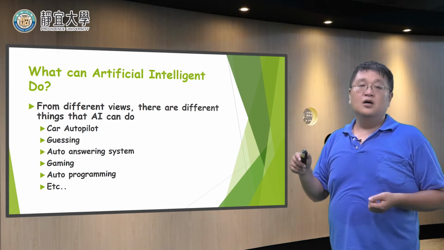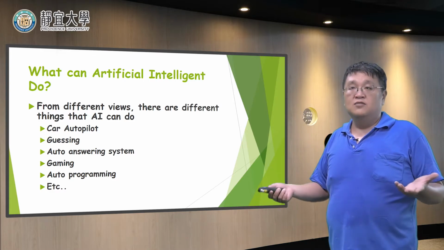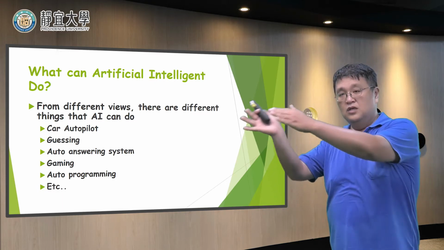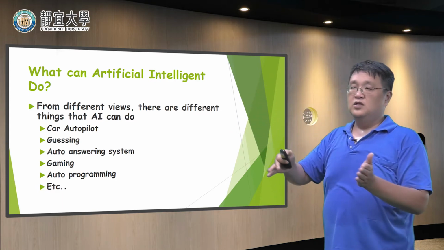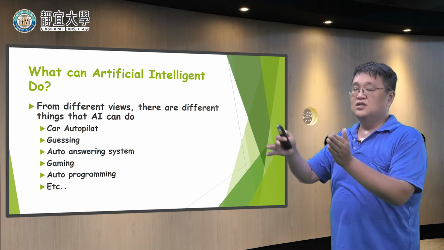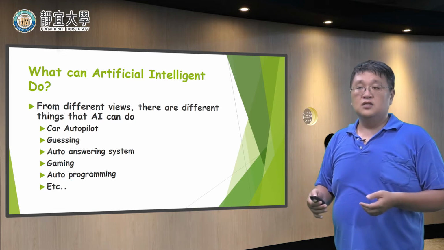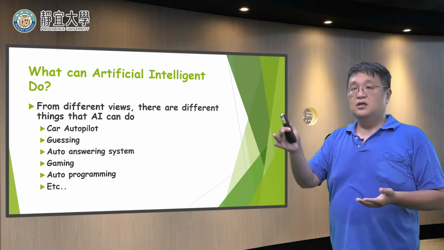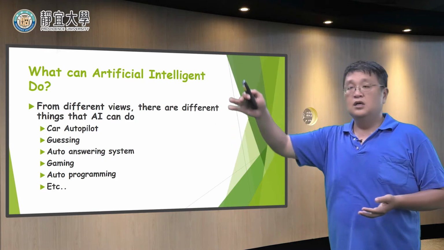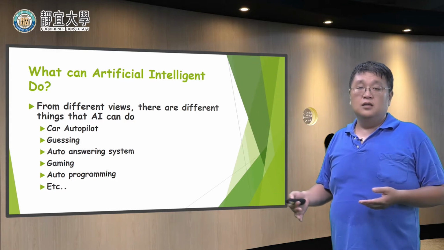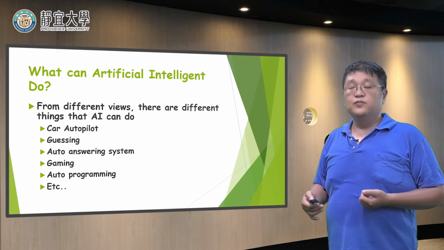I push the autopilot, and it just drives automatically. According to the road, if the road makes a right turn, the car turns right. If it makes a left turn, the car turns left. If you see a car there, it avoids the car and just goes through. Just autopilot.